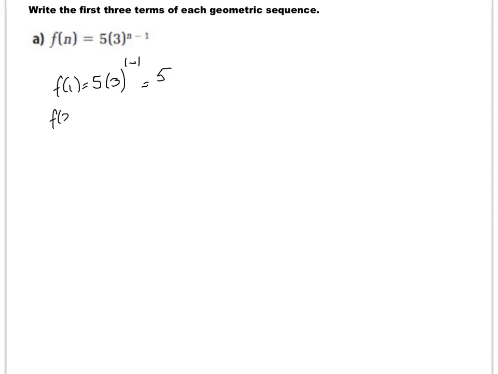The next term, f2, is 5 times 3 exponent 2 minus 1. 2 minus 1 is 1, 3 exponent 1 is 3, so I get 15. The next term, f3, is 5 times 3 exponent 3 minus 1, which is going to be 2. 3 exponent 2 is 9, 9 times 5 is 45.